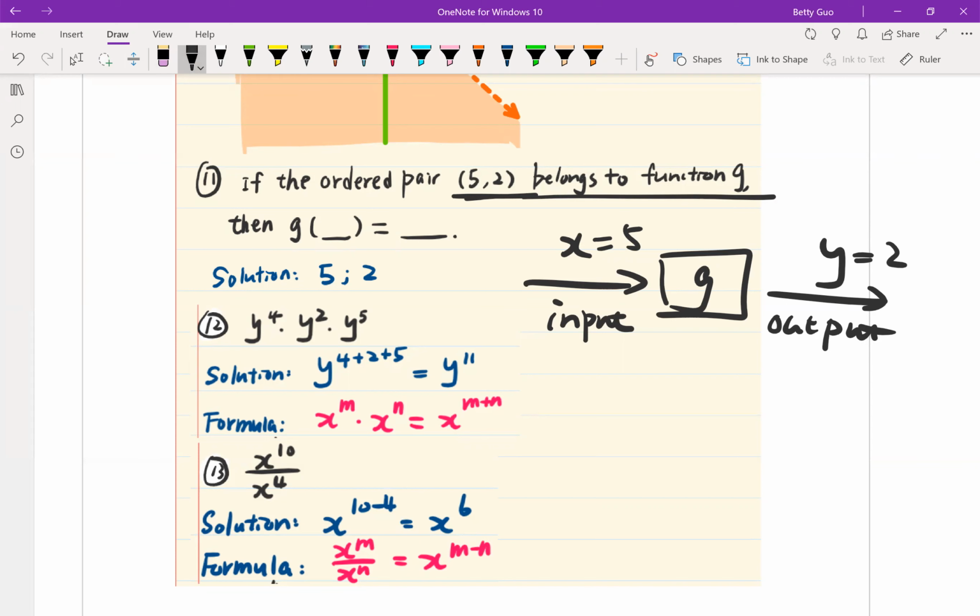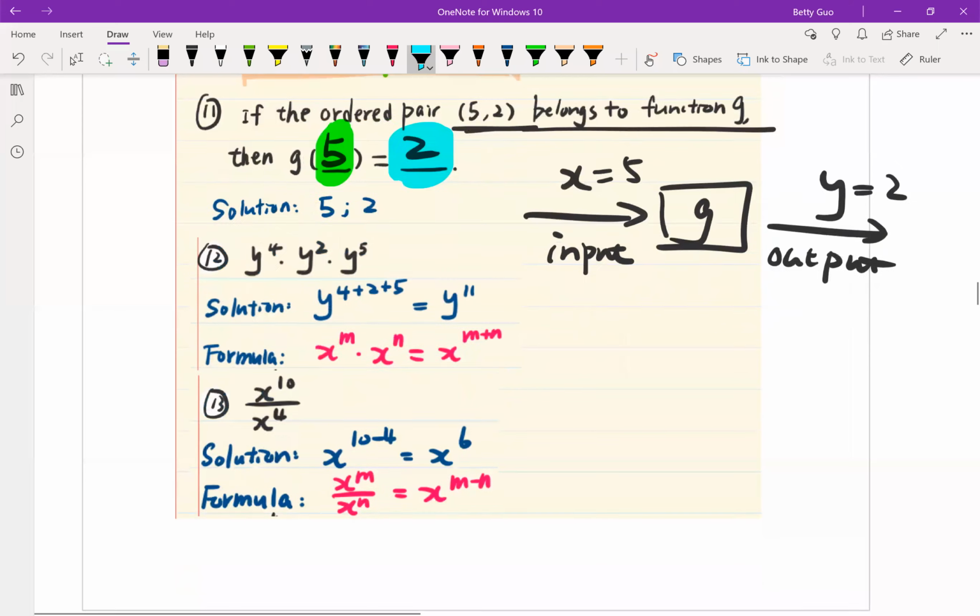So you put the input here and the output here. Does that sound familiar? You have seen those problems in the tests already. They might be the same problems, maybe a little bit different. Am I clear about number 11? You just need to know the x value is the input and the y value is the output, and that's enough.